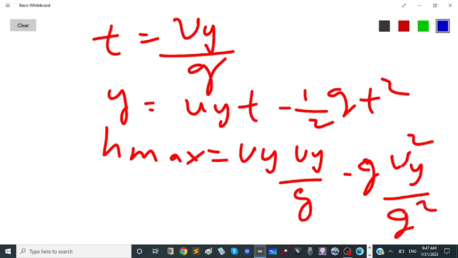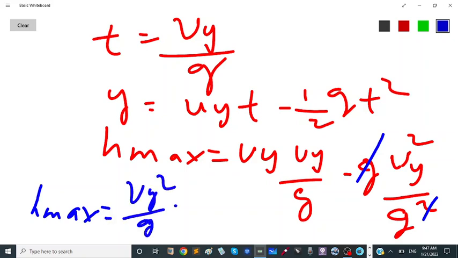So here it's clear that we can cancel g by 2. So h max, just to make it clear, is Uy square over g minus Uy square over 2g.